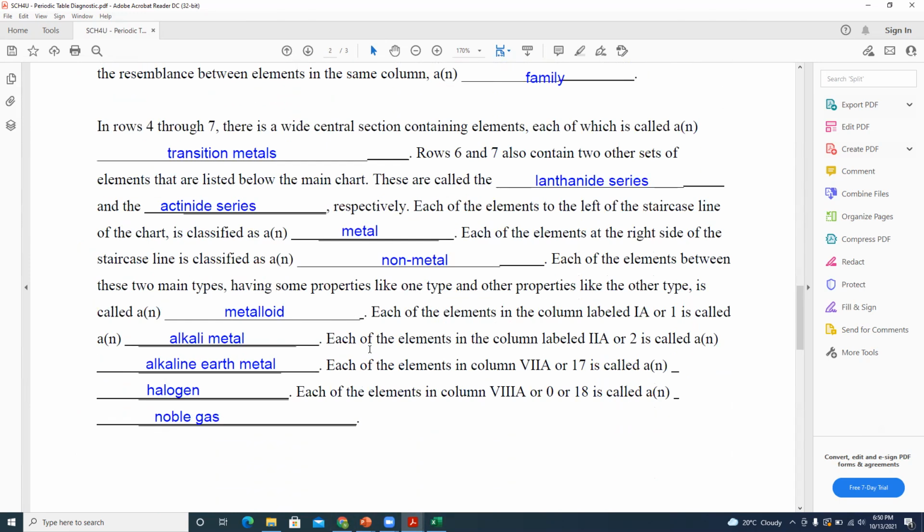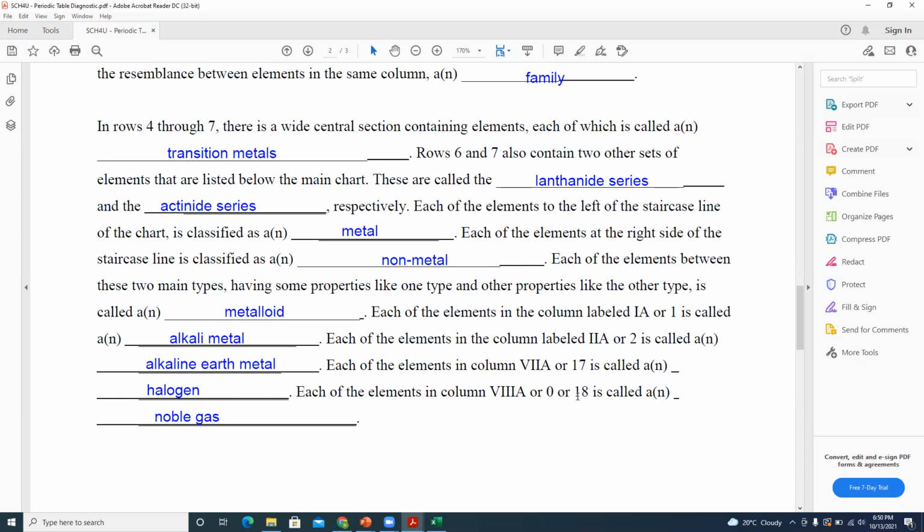And finally, each of the elements in the columns labeled 1A or 1 is called the alkali metals. We already discussed that. In column 2A or 2, they're called the alkaline earth metals. Each of the elements in column 17 or 7A is called the halogens.